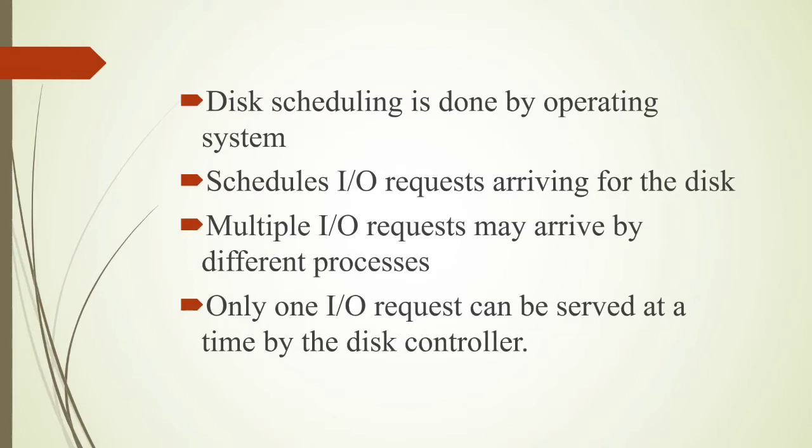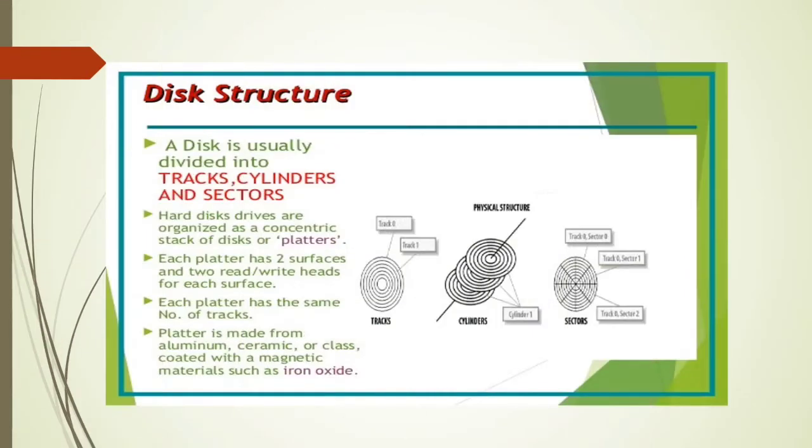All the input-output requests cannot be processed at a time. They have to be processed, accessed, and the output transferred back to the user in a sequential order, that is, one by one. This input-output request processing will be controlled by the disk controller.